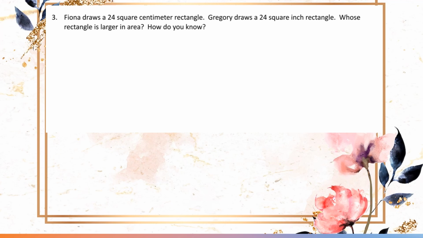Gregory draws a 24 square inch rectangle. So the 24, that measurement's the same, but the unit of measurement is different. Fiona's is in centimeters and Gregory's is in inches. So first of all, we have to see if there's a difference between centimeters and inches.